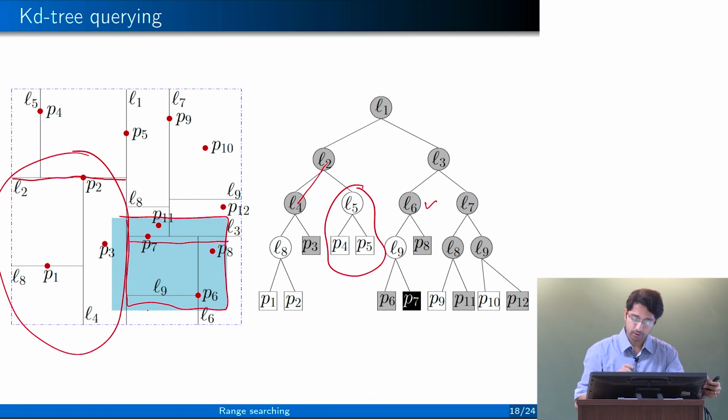P6, okay. So we have L6. L6 is which one? Yeah, this is L6, right? I divide L6, this L9, yeah, L9 should be grey, it is a mistake, L9 is grey. Then I go to P6.